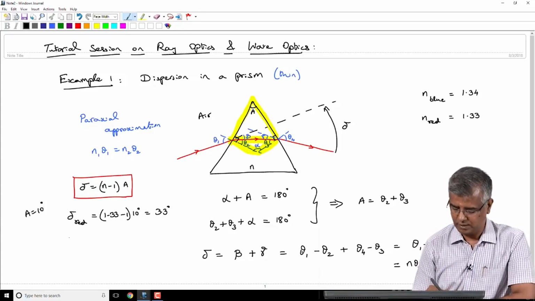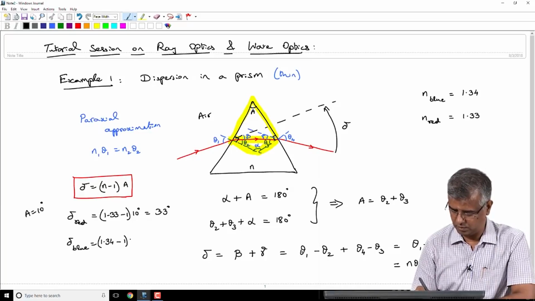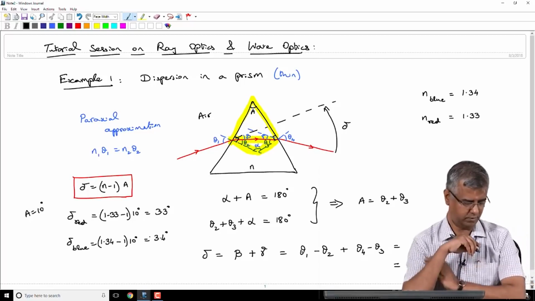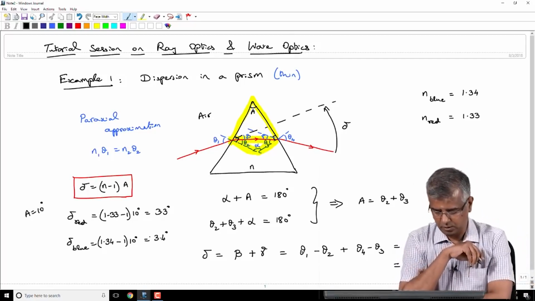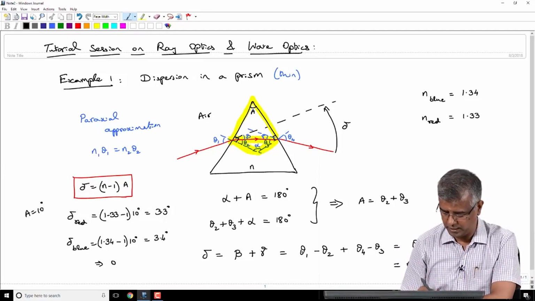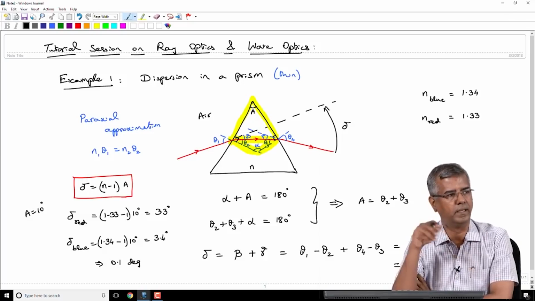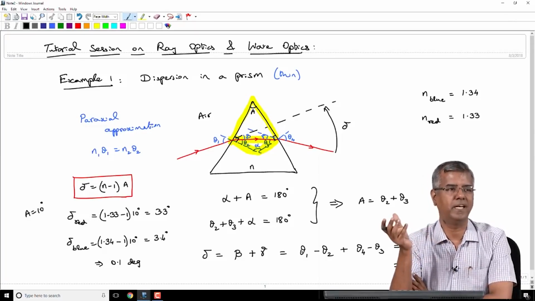And delta for blue is 1.34 minus 1 multiplied by 10 degrees, that is 3.4 degrees. So effectively between the two there is only a 0.1 degree change in the angular deviation, which seems fairly small.